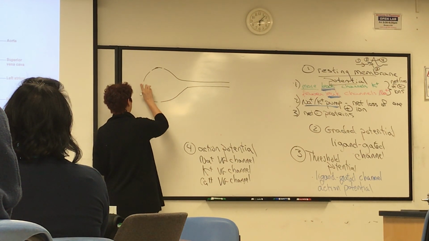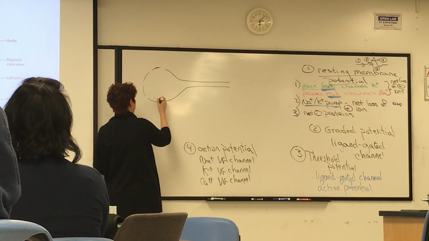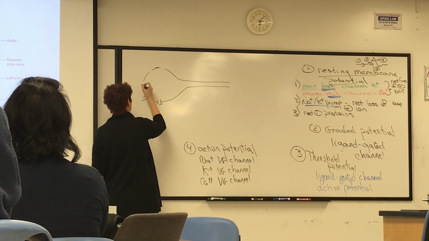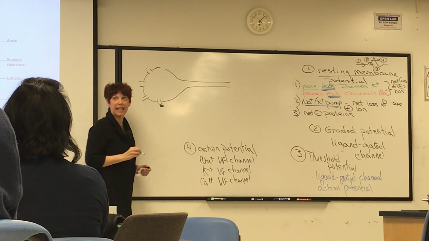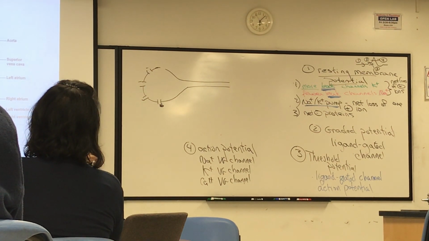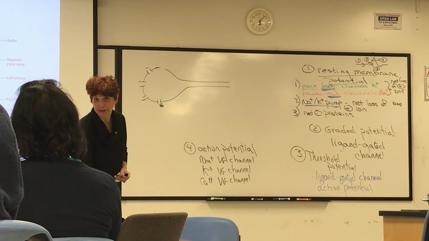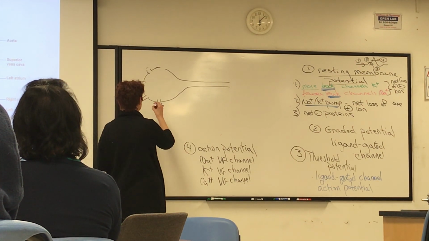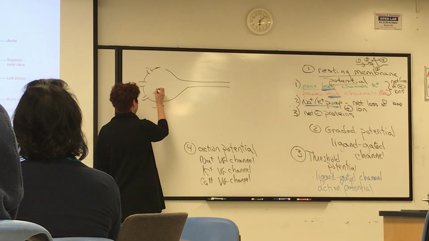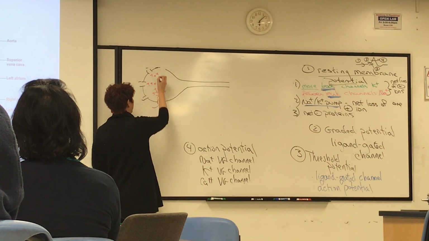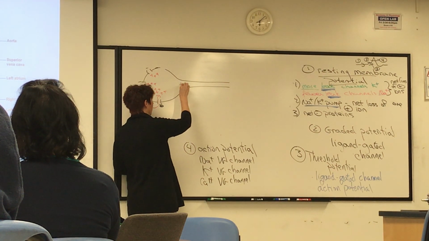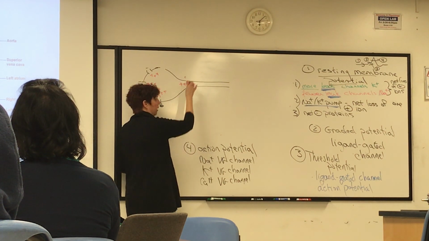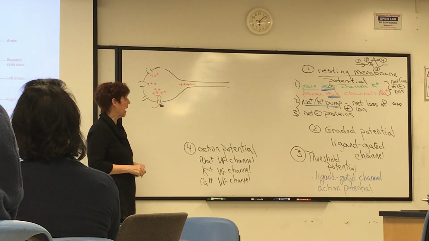Here, along the cell body or the dendrites, we have ligand-gated channels that require a chemical to bind to it. So that creates a graded potential. As positive ions, typically sodium, move into the cell, we may not have enough to reach the current required here by our voltage-gated channels, okay?